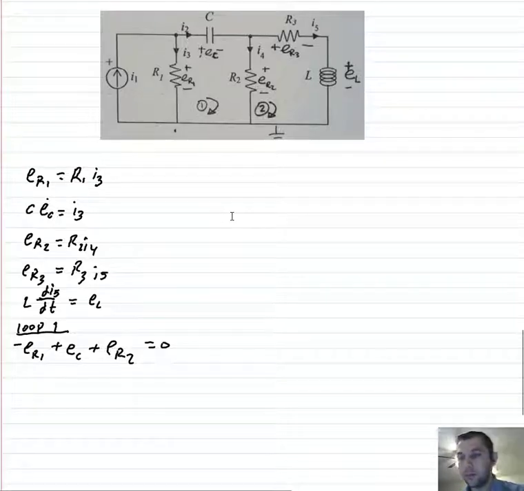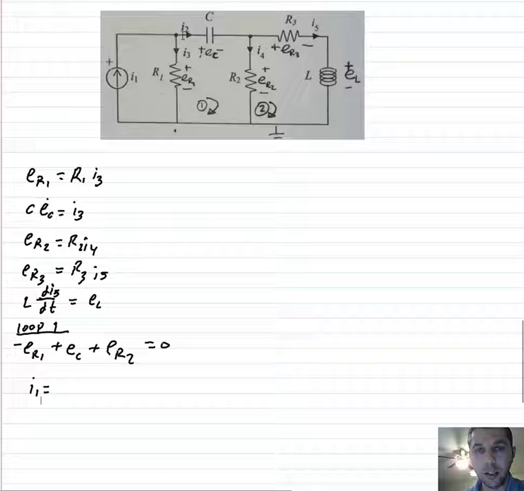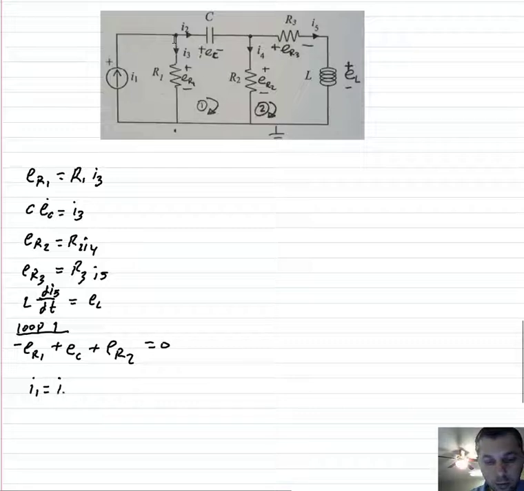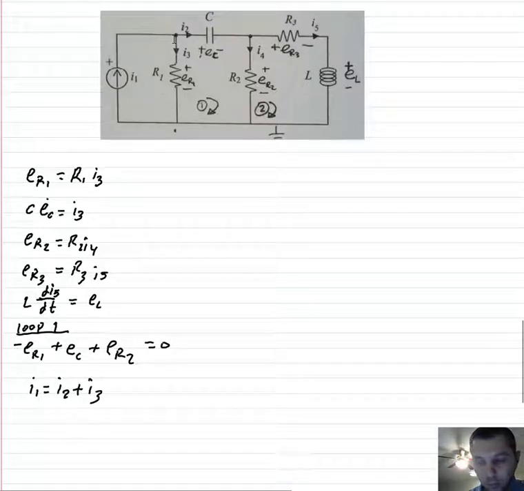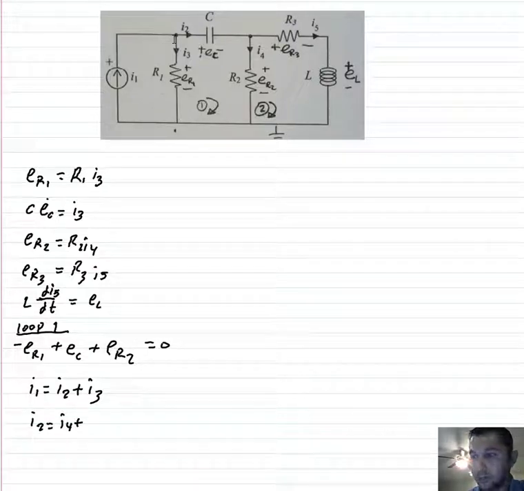Then we have the current. For the current, we have the current 1 is equal to I2 plus I3. And we have I2 is equal to I4 plus I5.